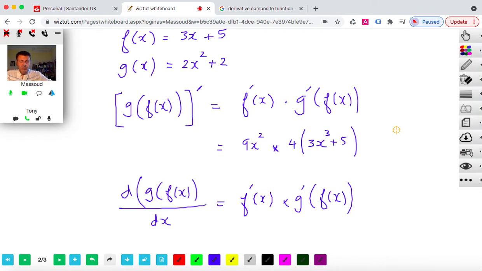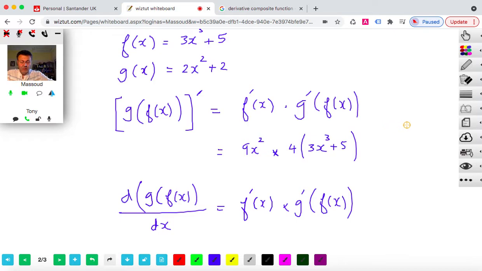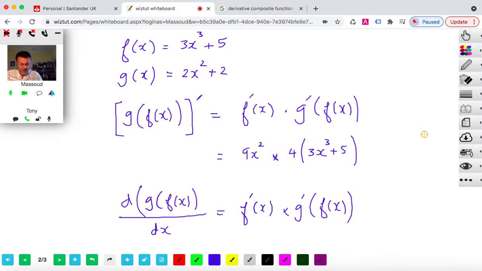So when x equals 1, f1 is equal to 8. I need that. I need f1. Then f dash 1. The differential of this would be 9x squared, the 5 will disappear, so f dash 1 would be 9.